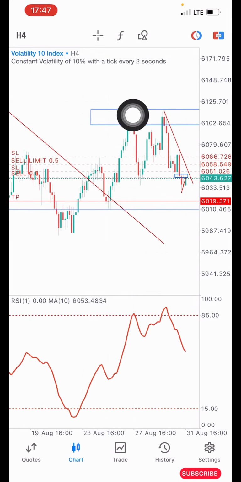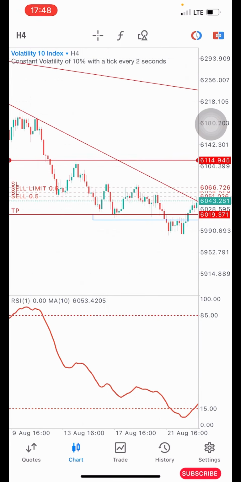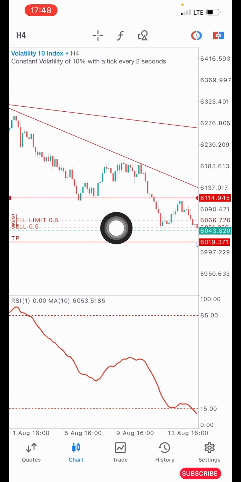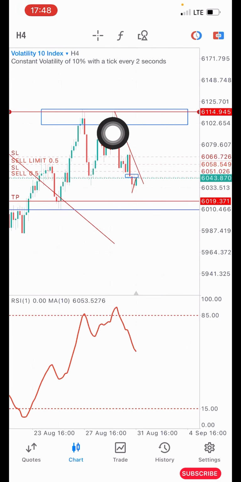Around this area, you can see that there is a resistance again. I just mark this plot. If I put our horizontal line, you can see that there are previous reactions showing that this is a very strong support and resistance zone. But I don't want to draw my zone towards that area, so I just mark these two structures here in the market.